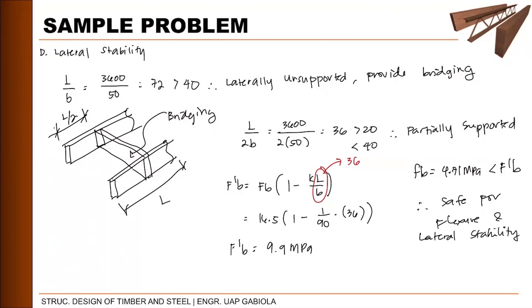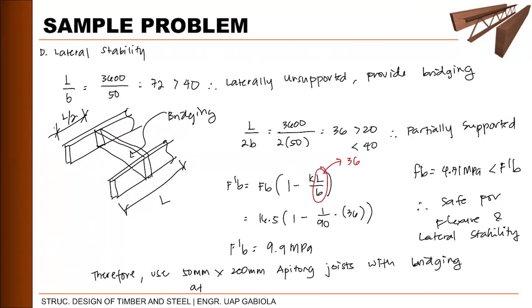Okay? So, pinaka-conclusion natin, therefore, use 50 mm by 200 mm. This is Apitong joist with bridging at midspan.